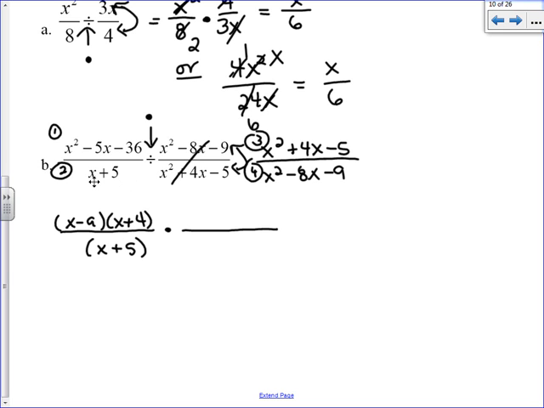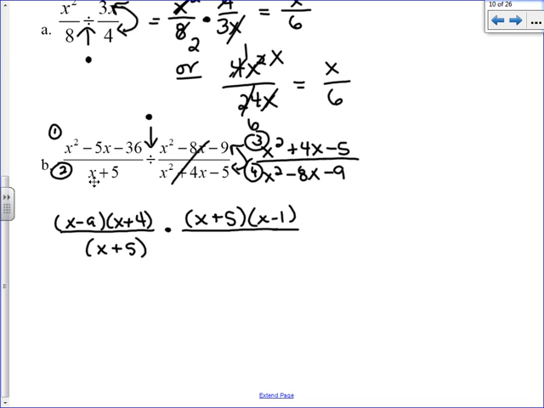All right, next we have x squared plus 4x minus 5. You got a pair? I'm trying to multiply to negative 5, add to positive 4. x plus 5, x minus 1. Yeah, you get your pair, 5 and negative 1.